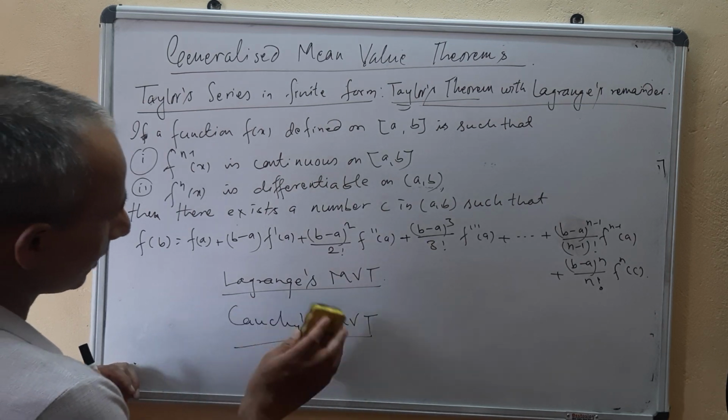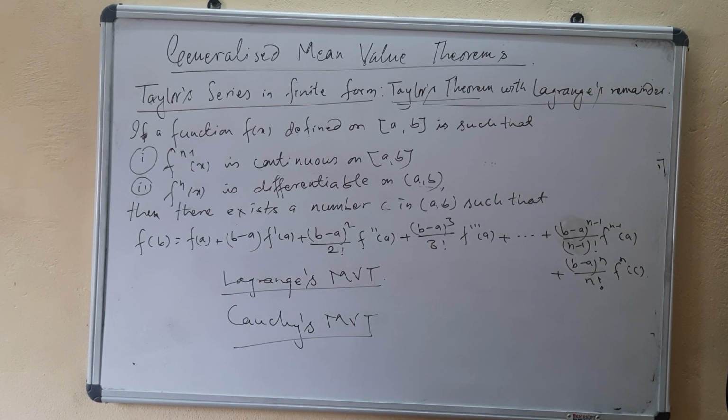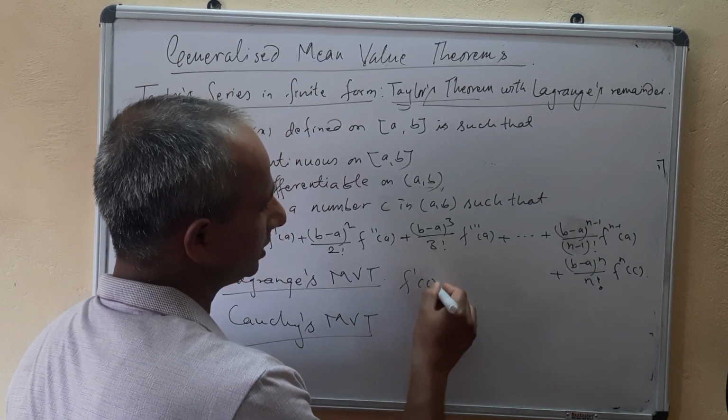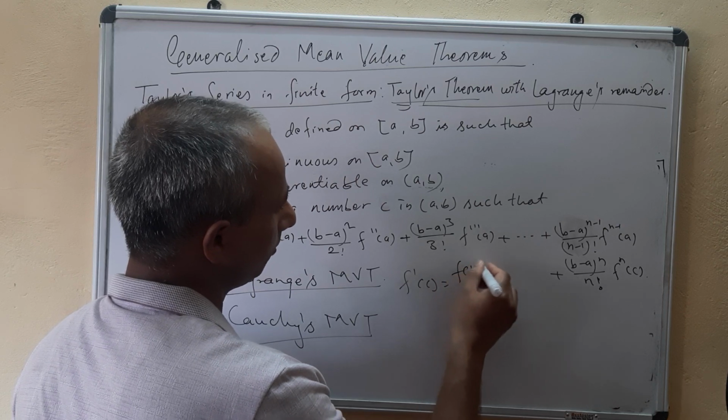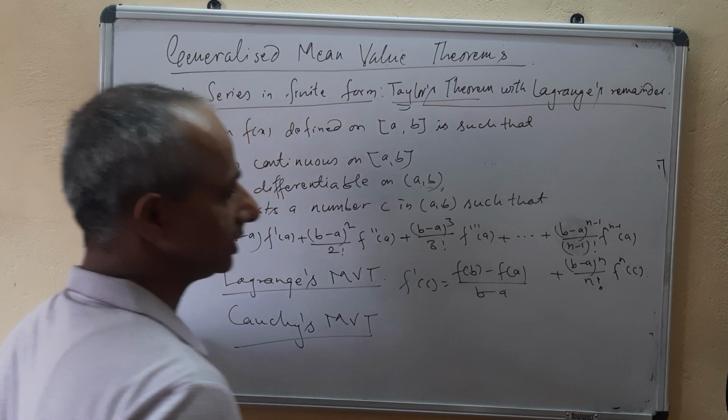Then in Lagrange's mean value theorem, what is the statement? We had two statements here. One was in terms of c: f'(c) equals (f(b) minus f(a)) upon (b minus a).